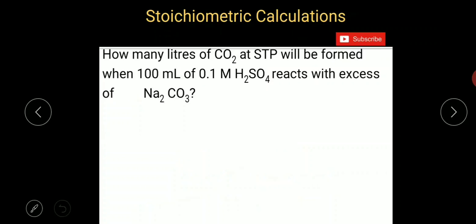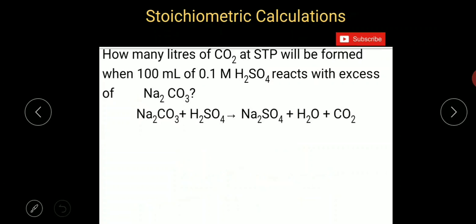How many liters of CO2 at STP will be formed when 100 ml of 0.1 molar H2SO4 reacts with excess of sodium carbonate? Once again, this is also a reaction between a dilute acid and sodium carbonate, which will give you carbon dioxide gas.